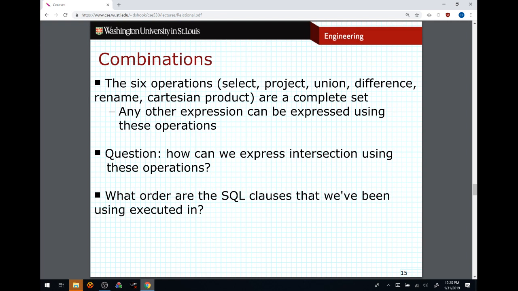All right, so let's talk about something else real quick before we move on to another example. Earlier in class, actually the very first thing in class, I showed you those SQL clauses: select, from, where, order by, and group by.